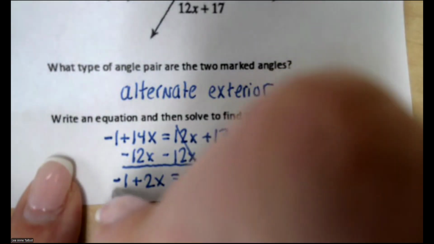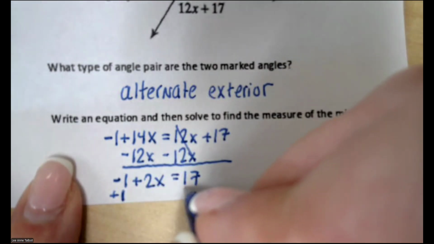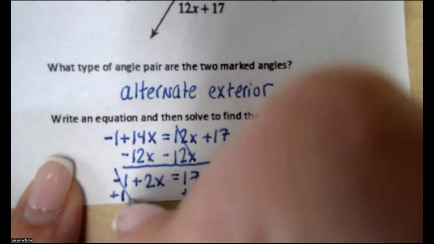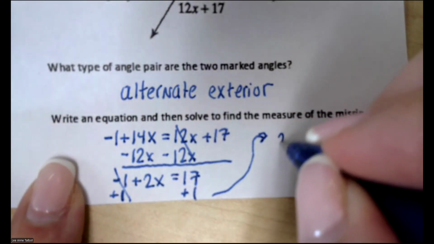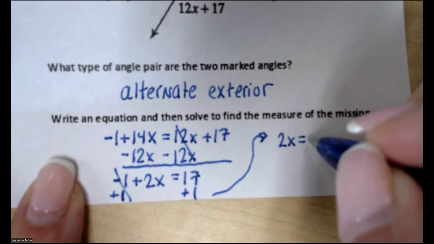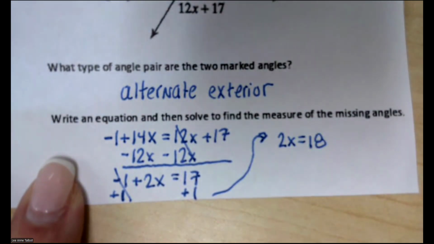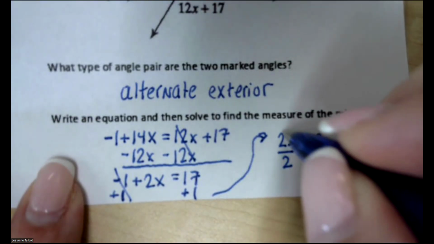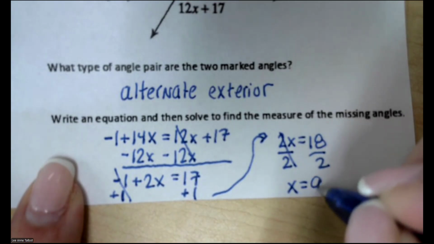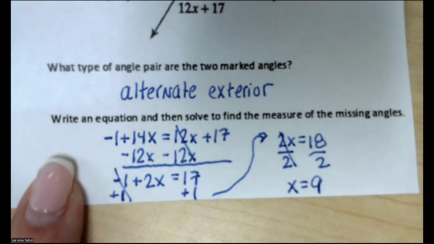I'm going to try to fit the add one underneath here. Plus 1, plus 1. Beautiful. Okay, x is 9, which is great news, except that's not what it asked us for.